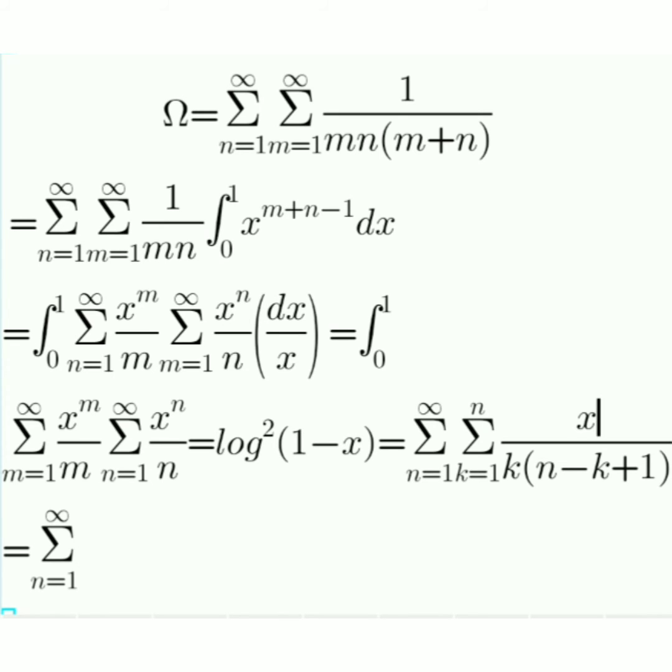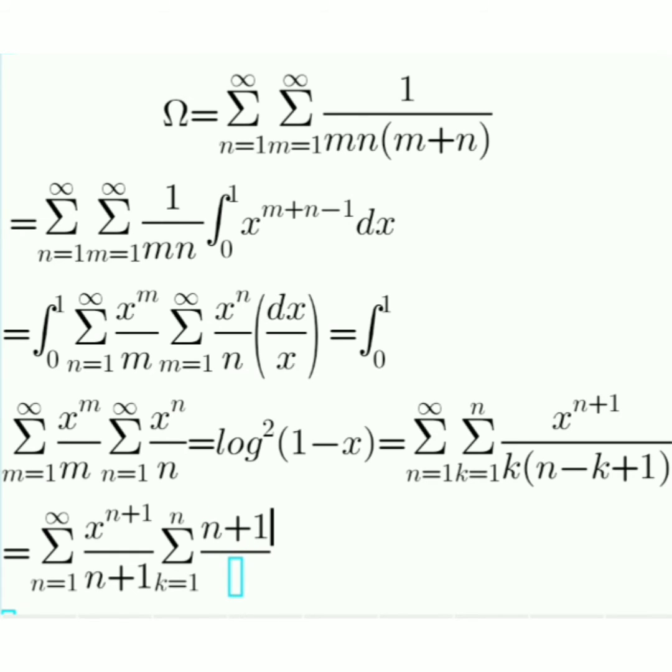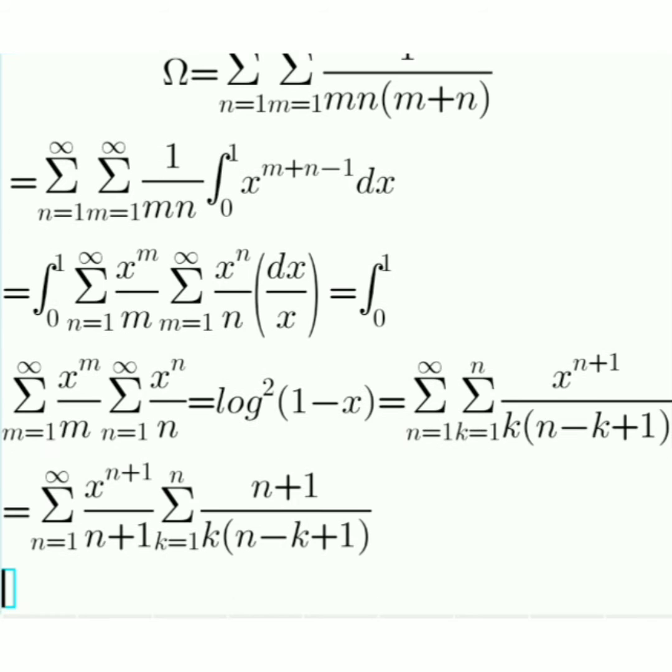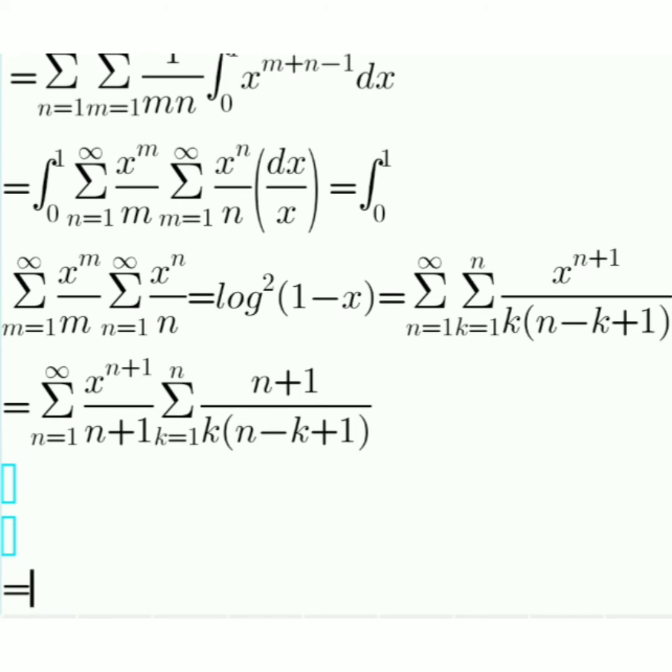So I can write x to the power n plus 1, and here I multiply by n plus 1 into the summation k equals 1 to n of 1 by k into (n minus k plus 1). So friends, my next step is very simple.